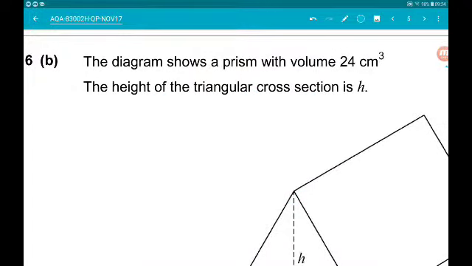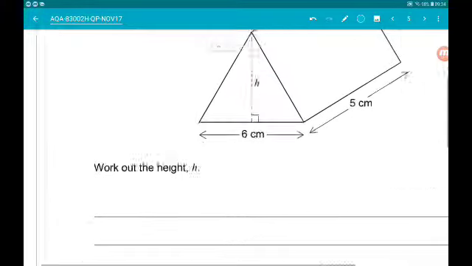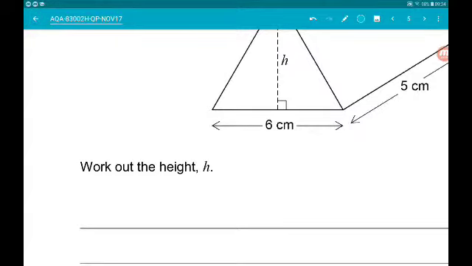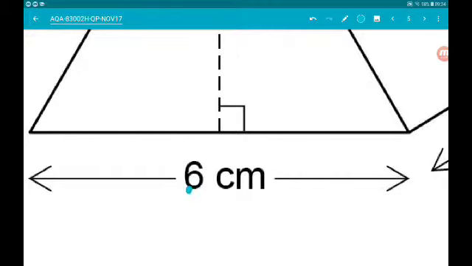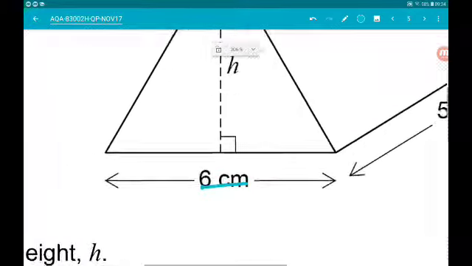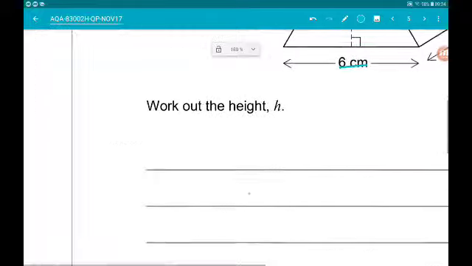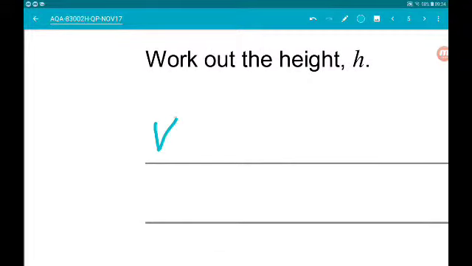Okay, then for part B, the diagram shows a prism with a volume of 24 centimetres cubed. The height of the triangular cross-section is h. Our job is to work out the height h. So we also know the base length is 6. Now, we've just said that volume is cross-section times length.